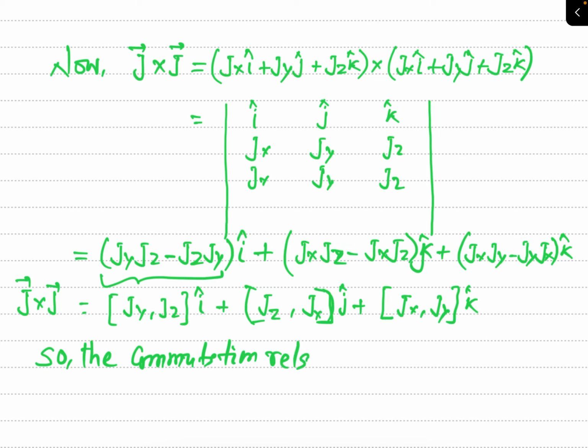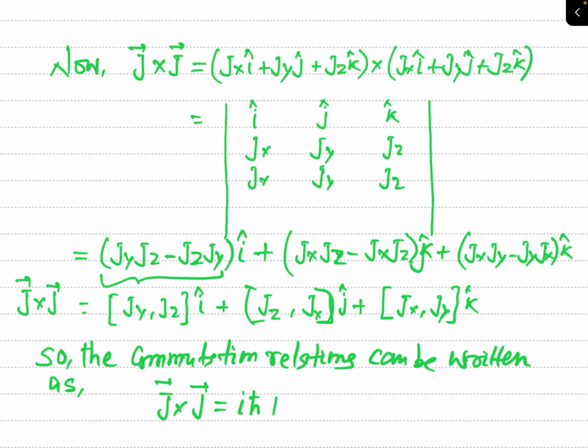You can write these commutation relations like this: j cross j is equal to i h bar j.